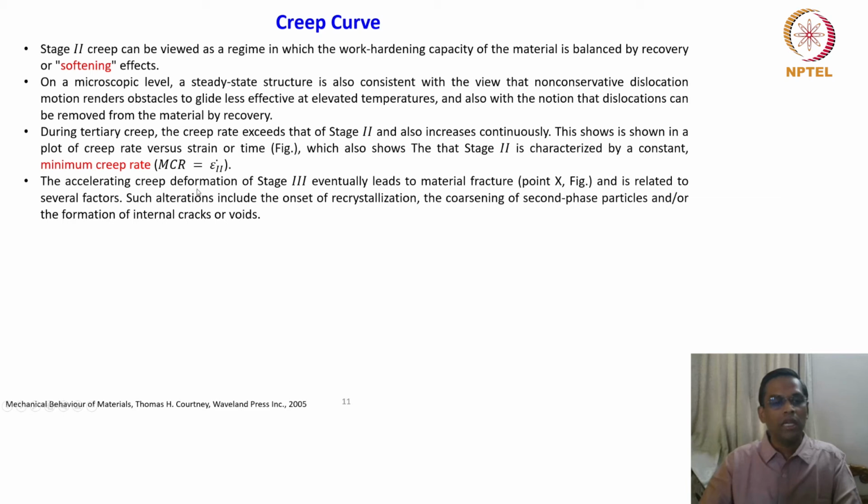The accelerating creep deformation of stage 3 eventually leads to material fracture, as shown in the figure, and this is related to several factors. Such alterations include onset of recrystallization, coarsening of second phase particles, and formation of internal cracks and voids. This point I have already mentioned in the previous slide, so it's only redundant information here.